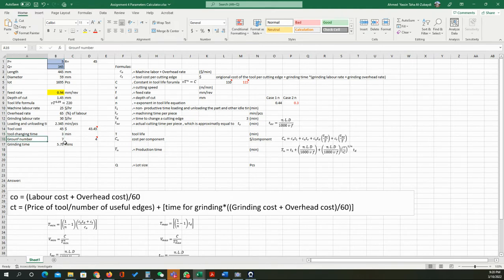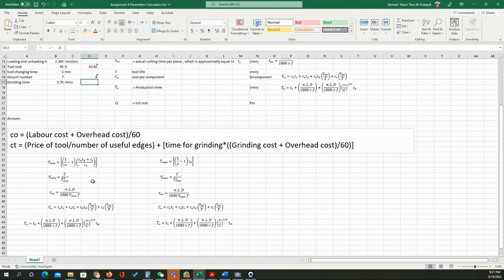The grinding number is 7 for the high-speed steel, 0 for the carbide insert. The grinding time is going to be 5.75 minutes per edge, and we don't have any grinding time for the carbide insert.